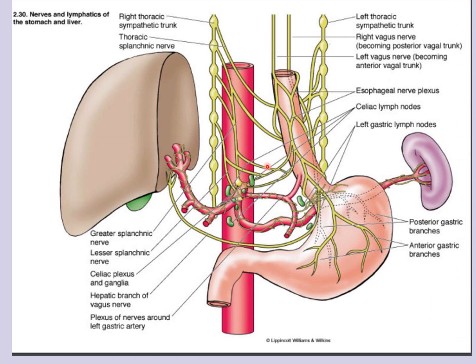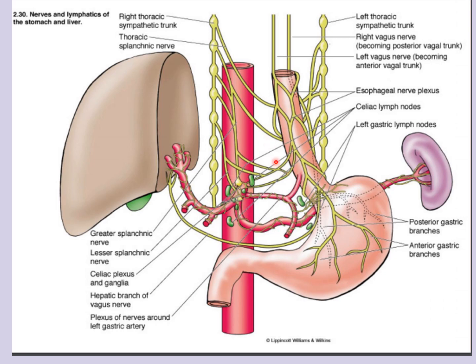The greater splanchnic nerve is usually formed by T5 to T9 ganglia, whereas the lesser splanchnic nerve is formed by branches from the ganglia T9 to T10. The lowest splanchnic nerve is formed by the T11 ganglion. All these nerves pass through the diaphragm.